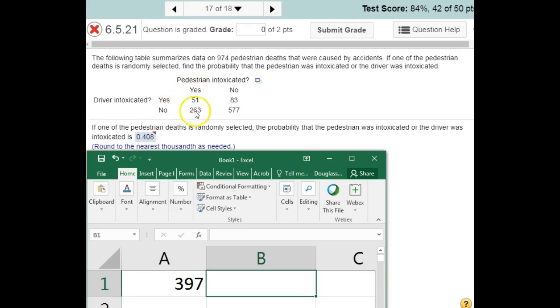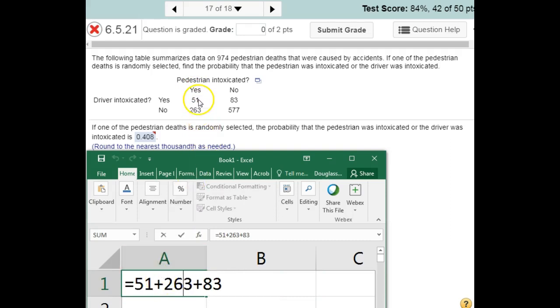So the pedestrian intoxicated would be this yes column. I would need to add the 51 plus the 263. And then the driver intoxicated, I would need to just add this 83 here. I've already added that 51 in, so I don't want to double count those. So I would just add in this 83.